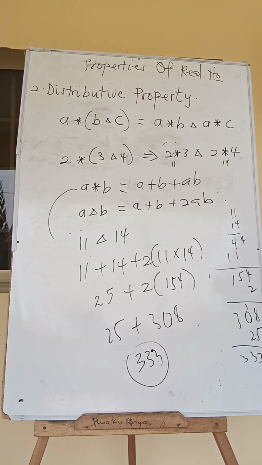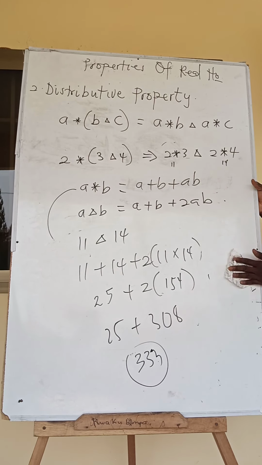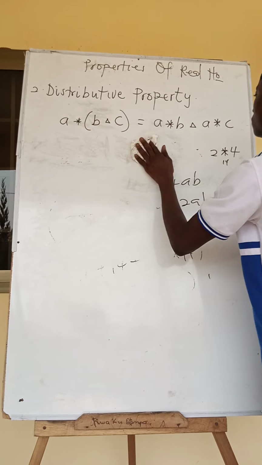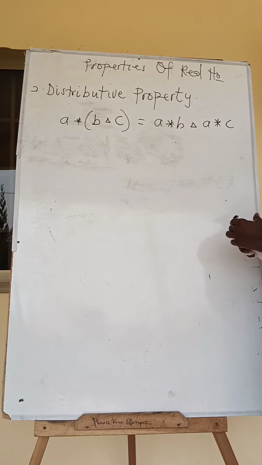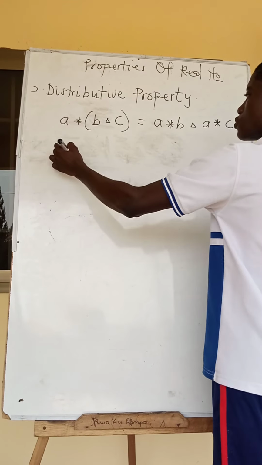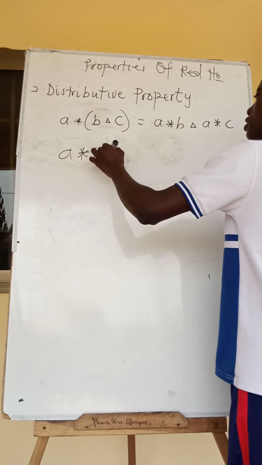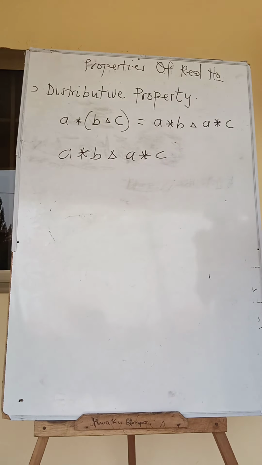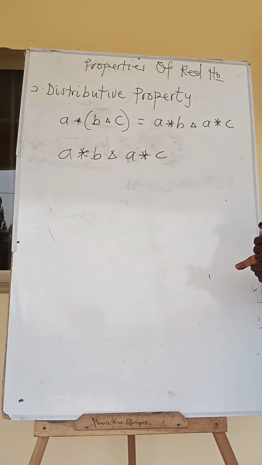I hope it's clear. Let's take another example. I will explain it to you again. So I told you A, if you distribute A star B intersection A star C, so if you do the answer for this and do the answer for this, then you compare, right?